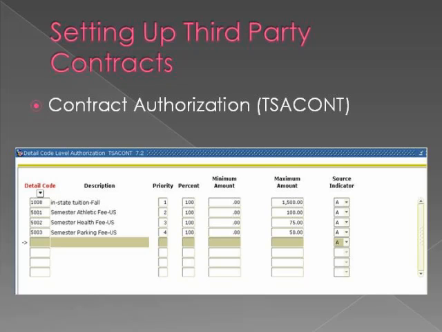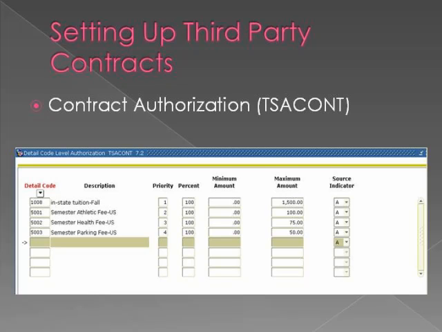Okay, this is the detail code level authorization, and this is where I have actually set up for this particular contract. I'm going to allow this contract, or this contract is actually authorized to pay tuition as well as an athletic, health, or parking fee for the student. My minimum amounts are 0, and the first thing that I want it to pay is for my tuition up to an amount of $1,500.